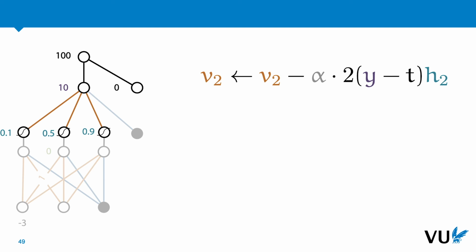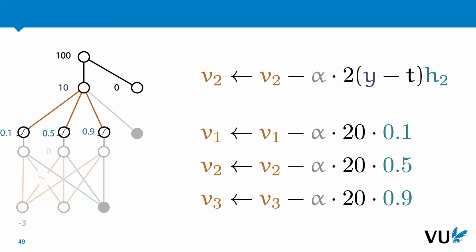We've given them values 0.1, 0.5, and 0.9. If we apply this rule to these values, we get three different update rules for the three different weights in the last layer. And what you see is that the weight updates are scaled by the hidden node outputs. So if we think of the outputs of the hidden layer as fixed, we can see that the different weights contribute in different ways to the output y.